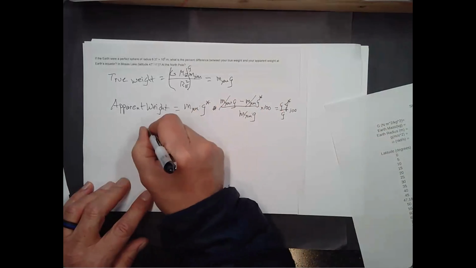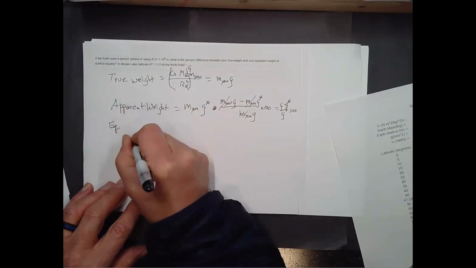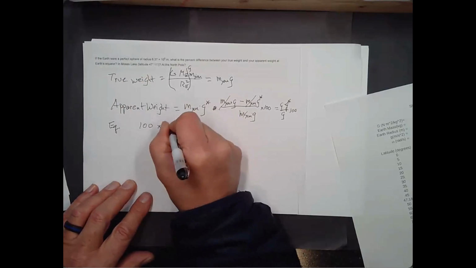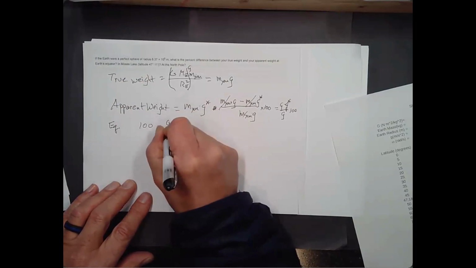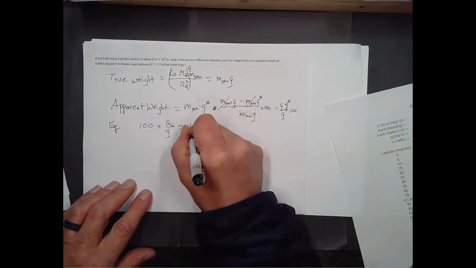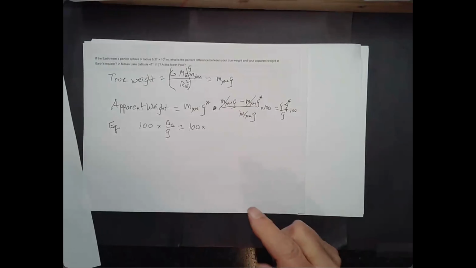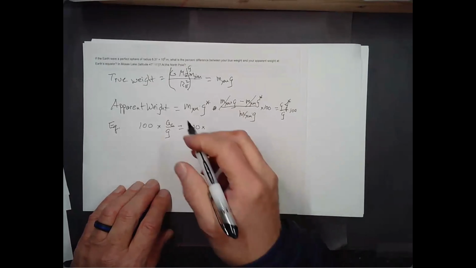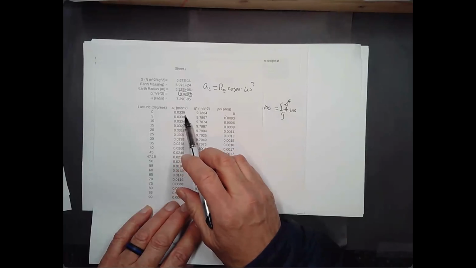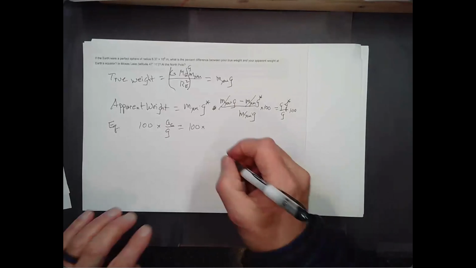And so at the equator, it ends up being 100 times the centripetal acceleration divided by G. And so 100 times, well, the centripetal acceleration at the equator was 0.0339 meters per second squared.